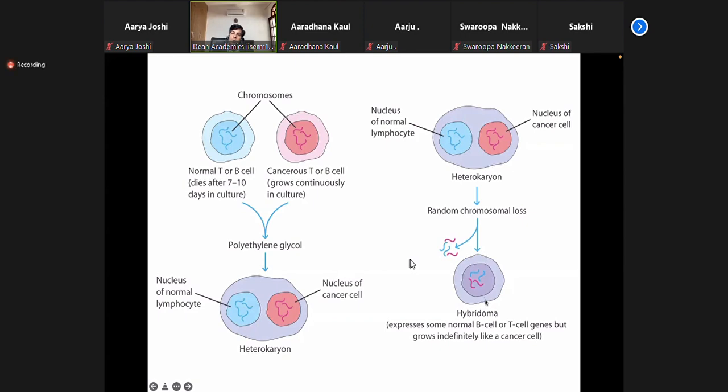But let's say you are able to generate a hybridoma cell which again has only diploid architecture, so the genetic material is diploid because you have already lost one set of chromosomes. This cell you are going to select and characterize for its ability to, one, survive, and second, produce antibodies.